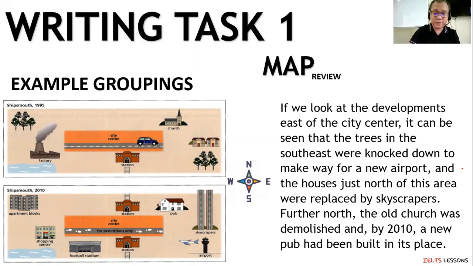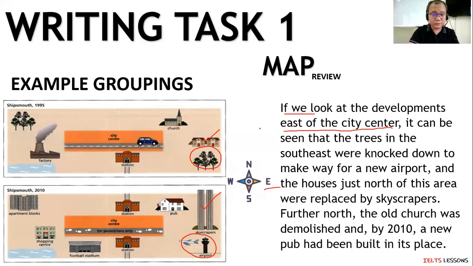Very good. So we can start by saying this expression: if you look at the developments east of the city center. So we start at the east. It can be seen that the trees in the southeast were knocked down to make way for a new airport. And the houses just north of this area were replaced by skyscrapers, meaning very, very tall buildings.